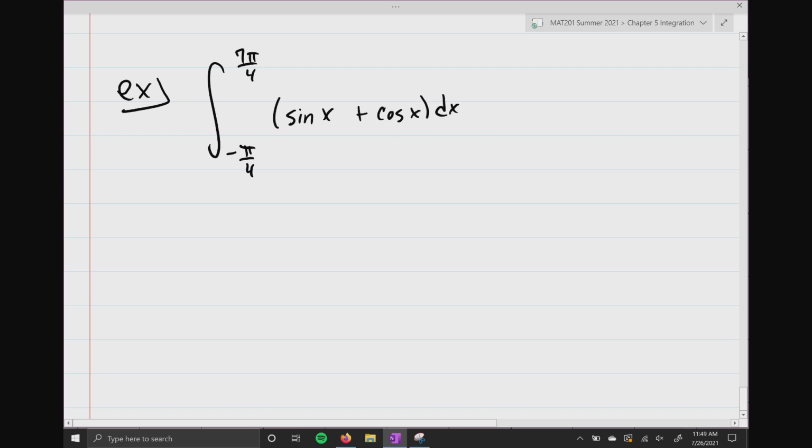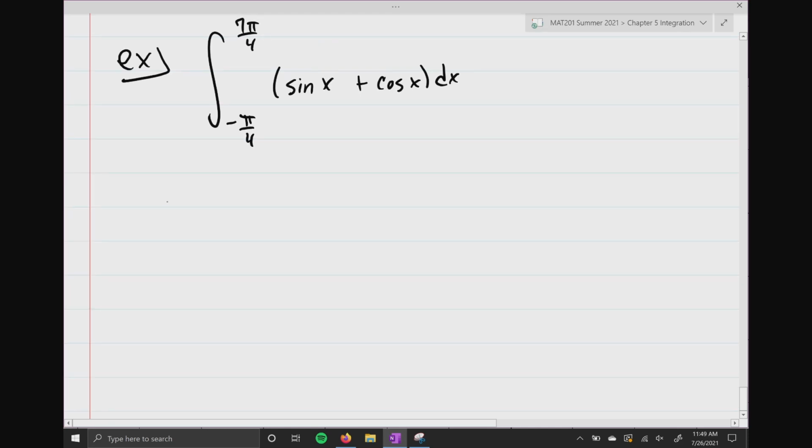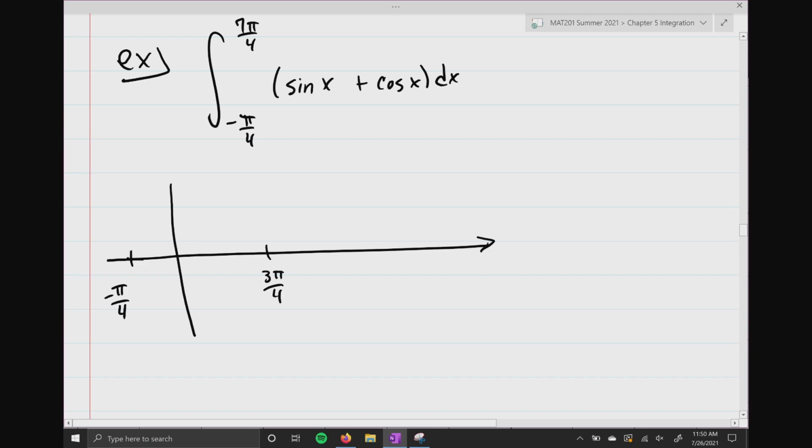Okay? So I'm going to draw this for us. All right, so here is what this graph looks like. So there's -pi/4, 3pi/4, and 7pi/4.